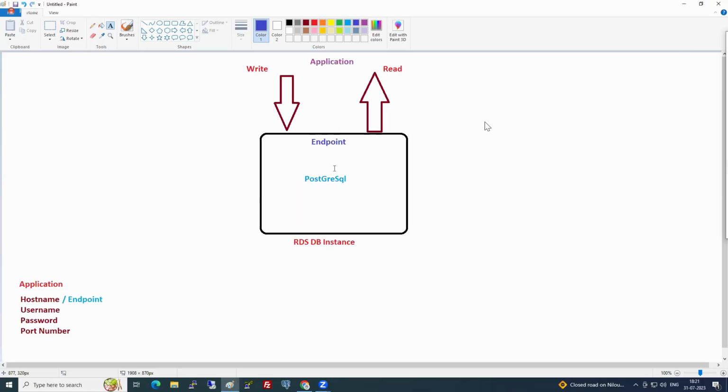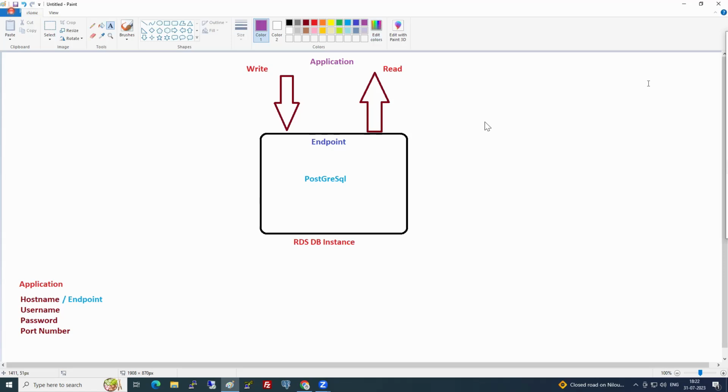So your applications are connected to this Postgres, to this endpoint. Can you tell me, will only one application connect to your database or multiple applications? Obviously, multiple applications. So I'll have one application here, and another application here. See, I have multiple applications.